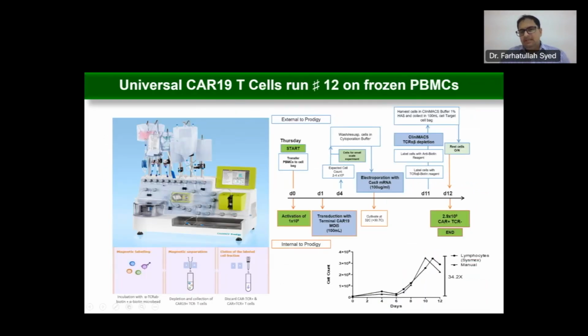As you can see here, on day 12, we had achieved pure cells, approximately 3 billion cells of CAR positive and TCR negative, by using CRISPR-Cas genome editing methods. So what we are doing is precisely making a deletion in the DNA through non-homologous end joining, so that the expression of the gene is completely knocked out.